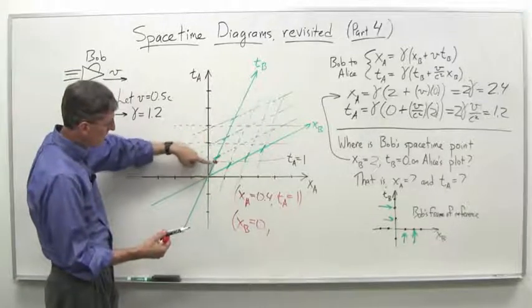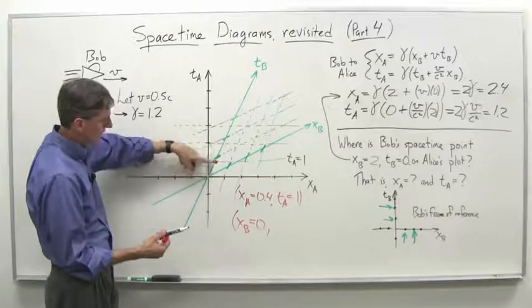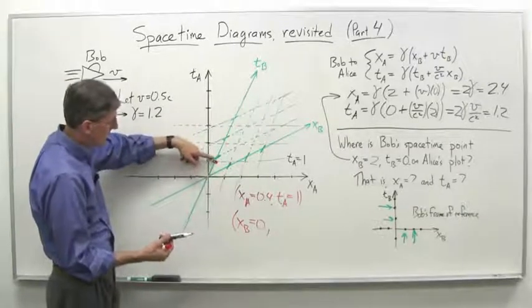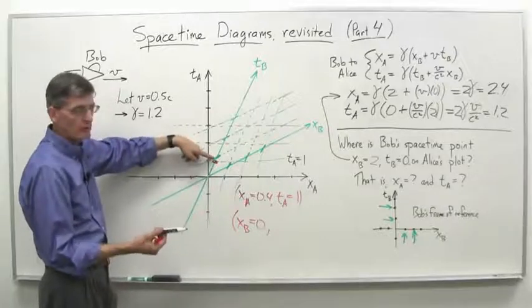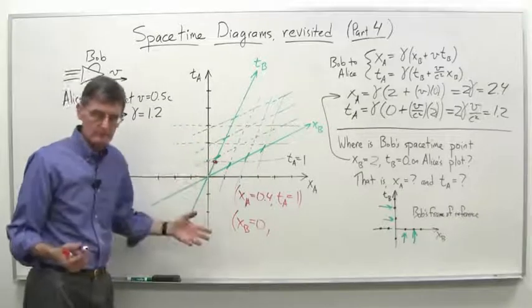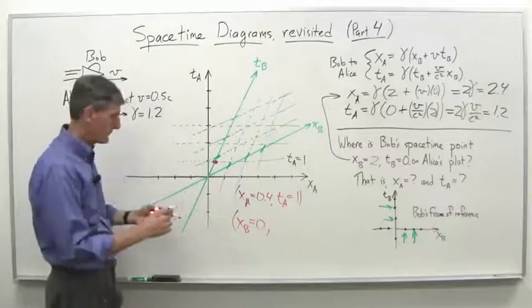It looks like, from here to here is 1 year for Bob, from there to there, tick mark of 1. And therefore, it looks like about 0.7, just roughly speaking, maybe 0.75, someplace in that region.